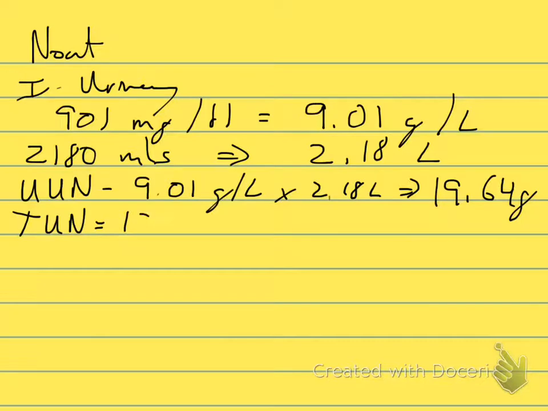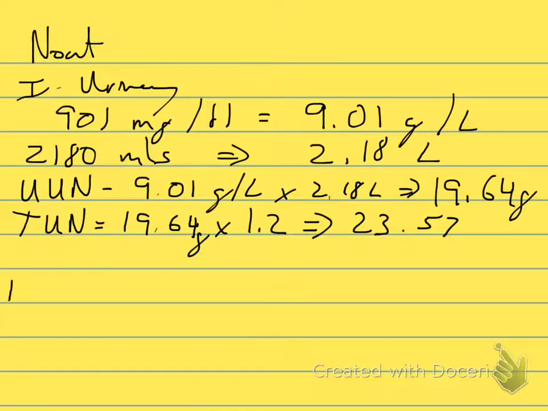So if I take 19.64 grams times 1.2, I'm going to end up with 23.57 grams total urinary nitrogen. So that's how much we're losing through our urine.